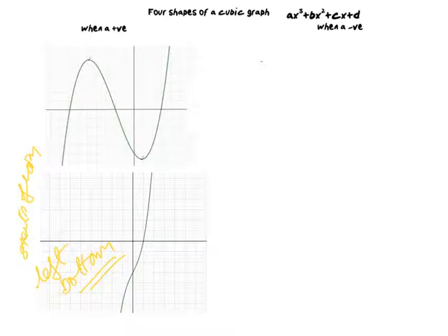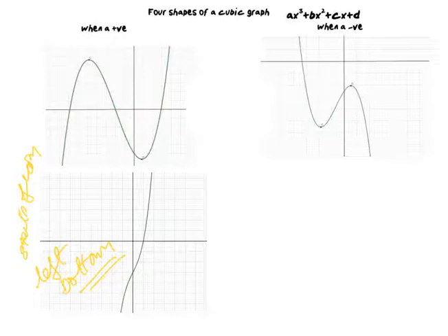Now the graph when a is negative. Here, when a is negative, it starts from left top, drops and reaches a minimum, and then goes up again and reaches a maximum, and it again drops. So when a is negative, I start from left top.